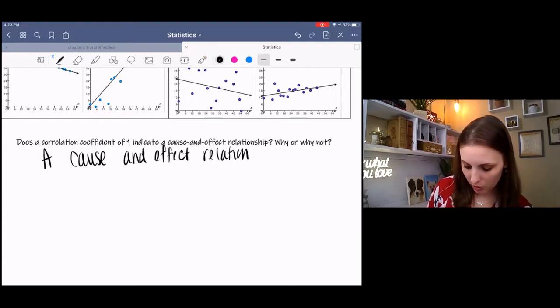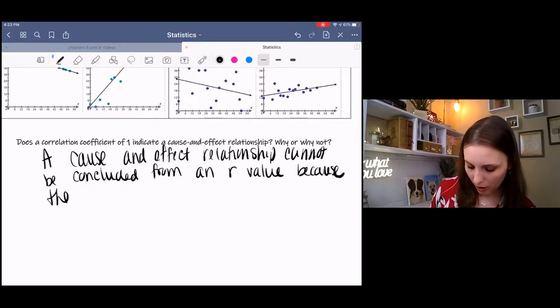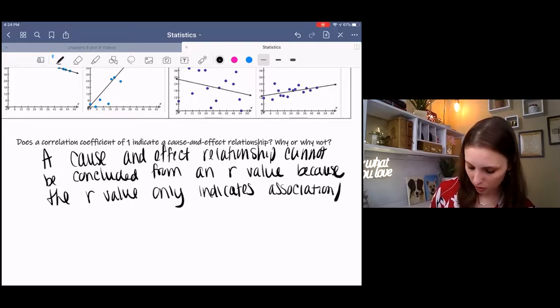So a cause and effect relationship cannot be concluded from an R value because the R value only indicates association or relationship or correlation.